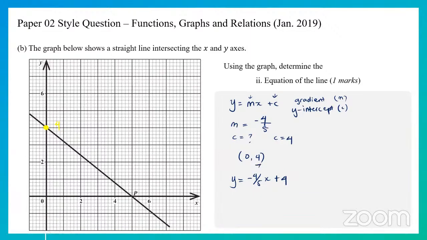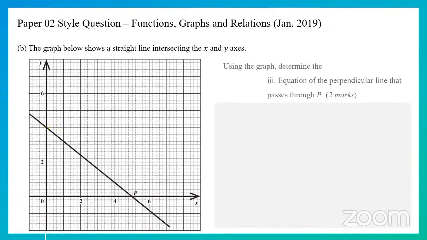Okay, moving right along. Now we are being asked to find the equation of the perpendicular line that passes through P. So the point P here is this point down here. Let me highlight that for you.